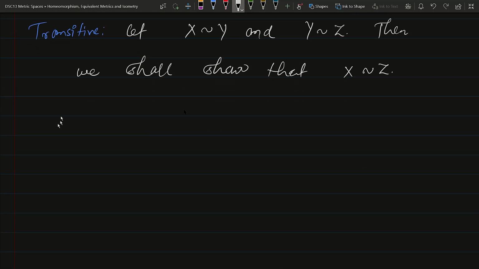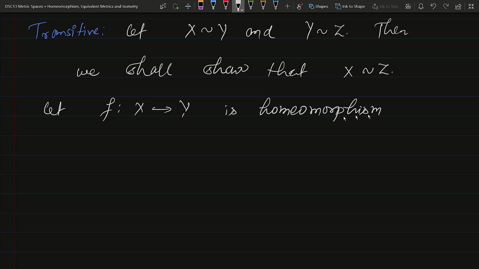ठीक है, so let f defined from X to Y be a homeomorphism, and Z defined from Y to Z be a homeomorphism.